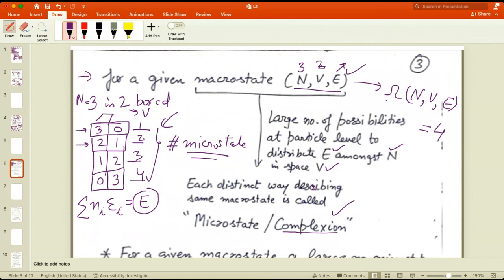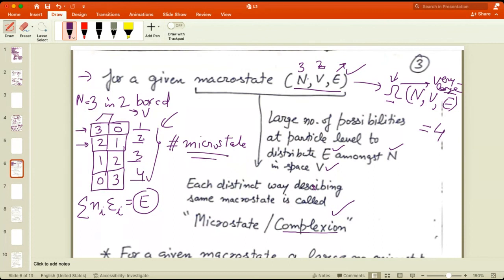So this just represents how many microstates correspond to the macrostate NVE. We will see in later lectures that this omega is a very large number. Just for example, I showed 4 distributions here, but in general it is going to be very large. So there is a very large number of microstates accessible to the system for the same macrostate.